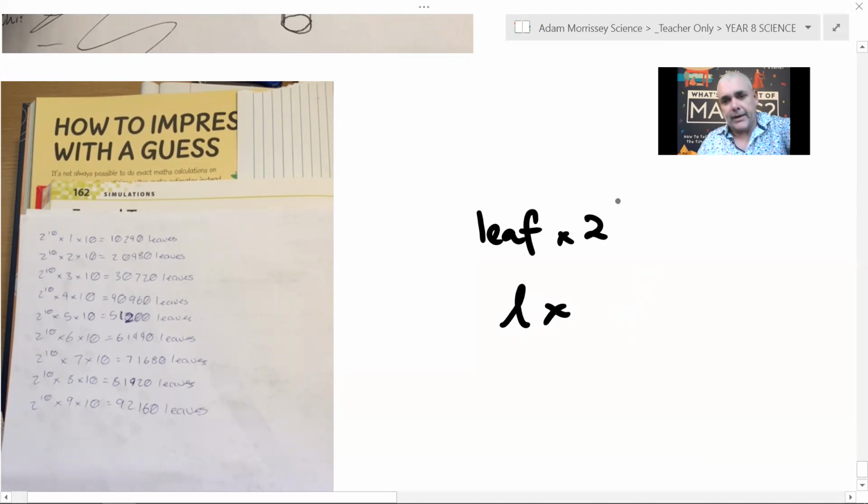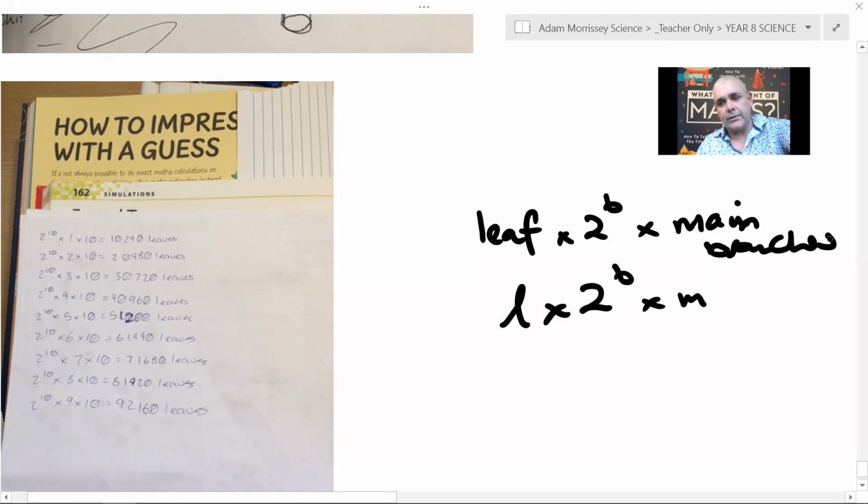So 2 to the power of, because each branch is splitting in 2 in our model, let's call that 2 to the power of B, times how many main branches in total. So this is our model. We're just going to call that M for main branches.